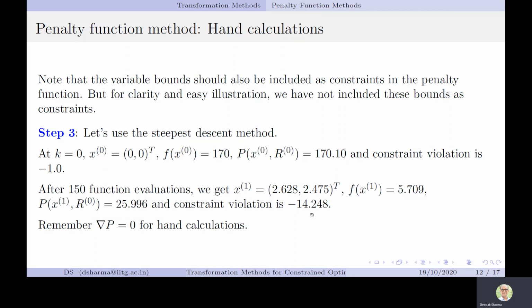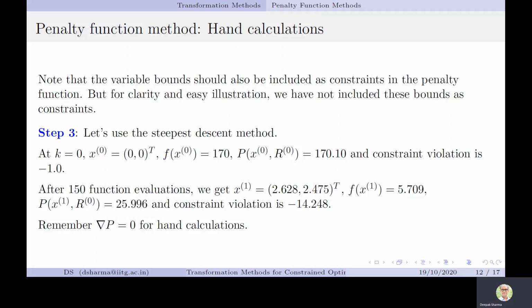So the question is, when we are changing the constrained problem into the penalty function method, and we are starting with 0 and 0, our constraint violation was -1, but this has increased to -14. So are we going in the right direction or not?